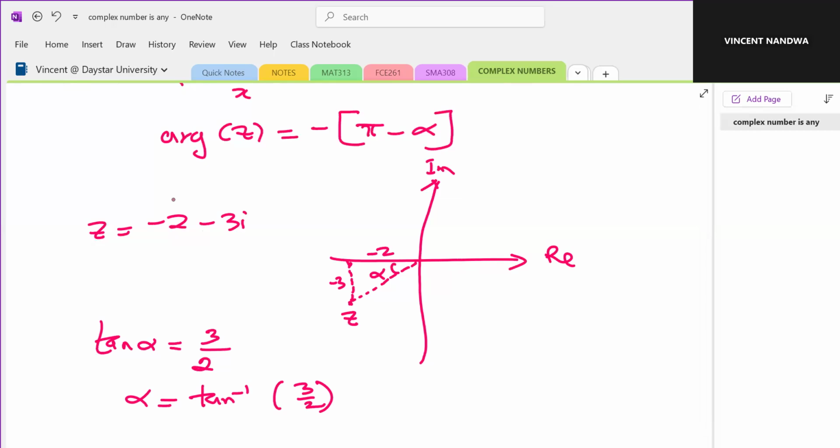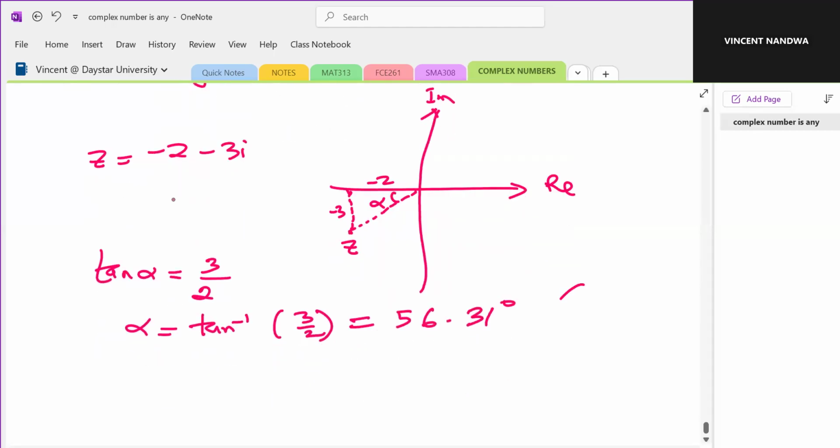It will give us 56.31 degrees. Or when you divide 56.31 by 180, it will give us 0.3128 pi radians.